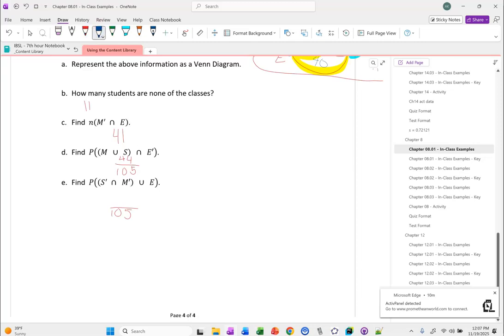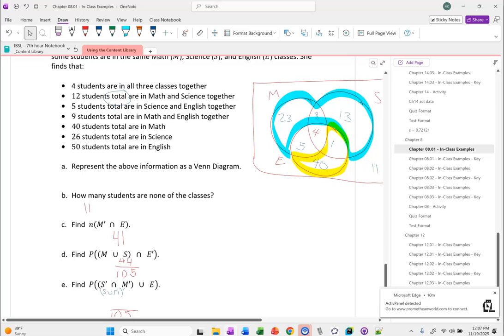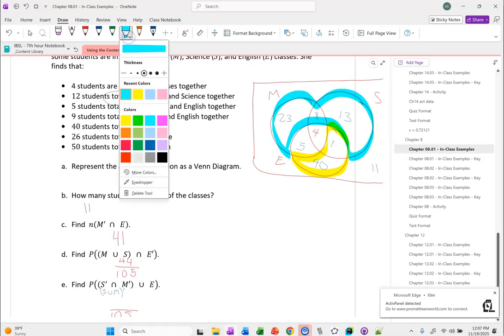So my suggestion when I look at this, I'm going to use De Morgan's law, and I'm going to think about that really as S union M complement. So what are the things that are not in the intersection of S and M, but also include E?